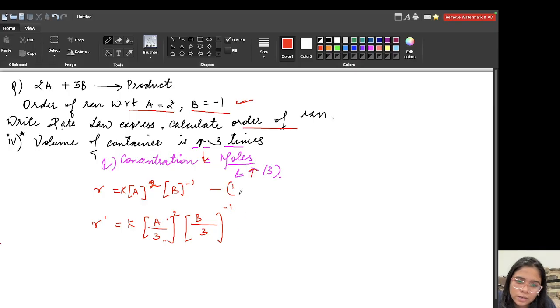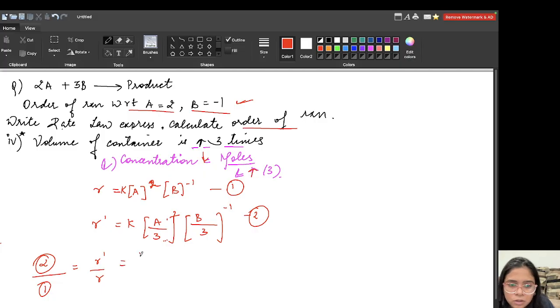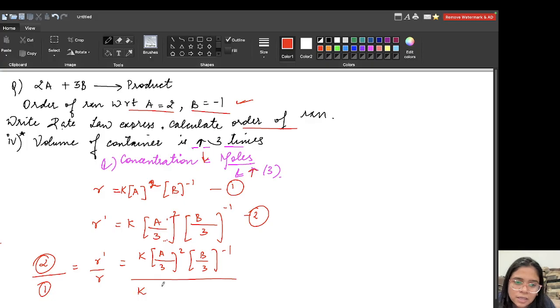Now just do 2 divided by 1. R dash by r will be equal to K, A by 3 squared, B by 3 raised to the power minus 1, divided by K, A squared, B raised to the power minus 1.